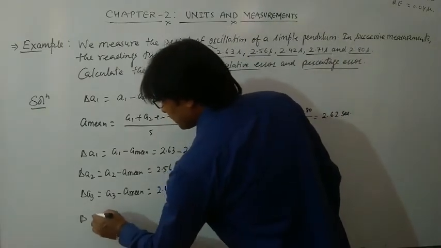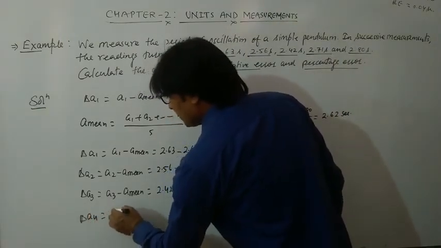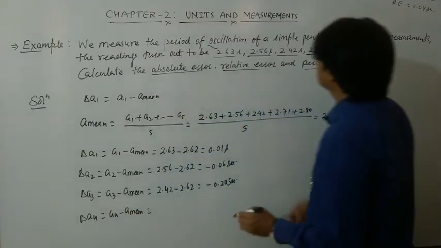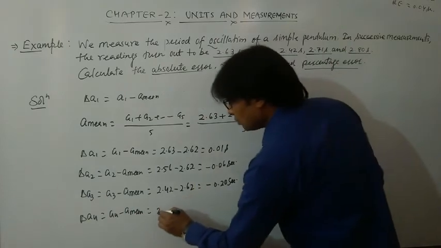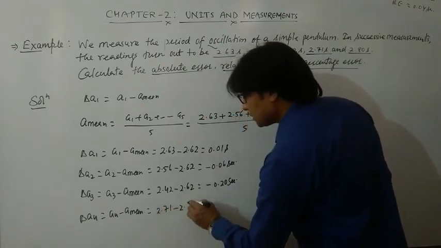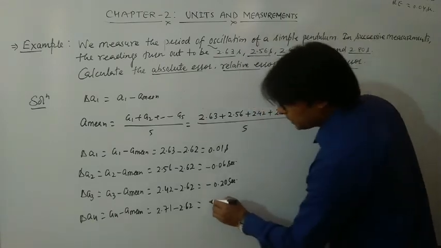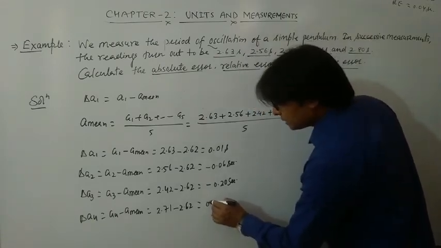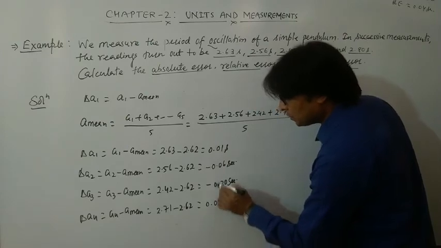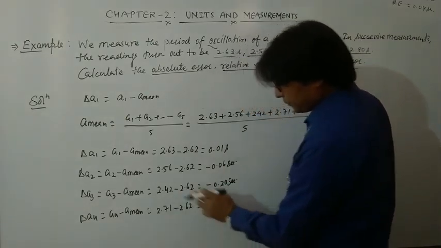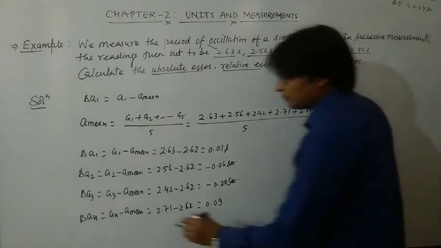Delta A4 will be A4 minus A mean, and A4 is 2.71. 2.71 minus 2.62, when you solve this value, comes out positive, 0.09. So this is the absolute error in the fourth observation.